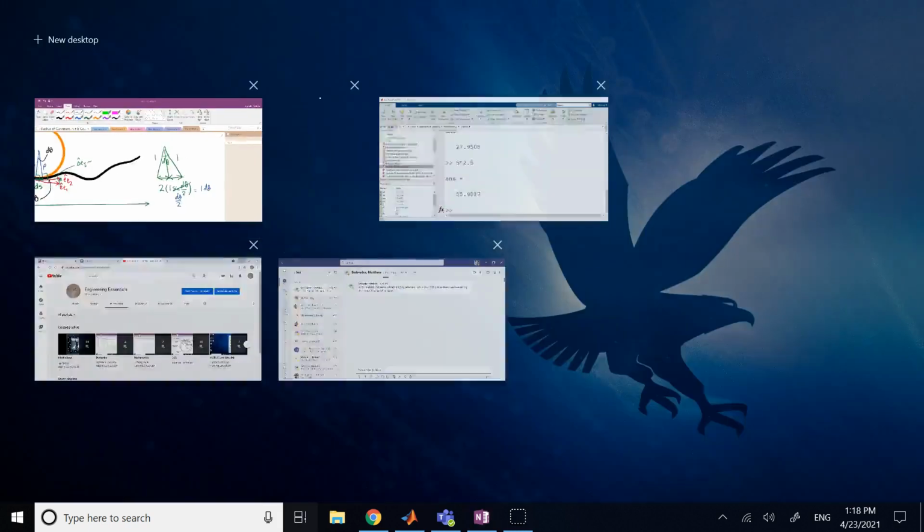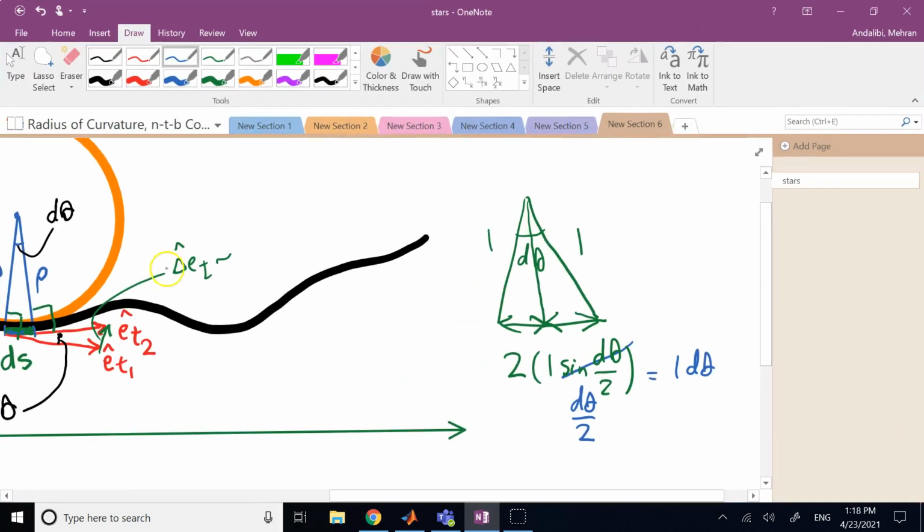That's the magnitude of this guy. So the magnitude of this delta ET will converge to what? 1 times d theta.